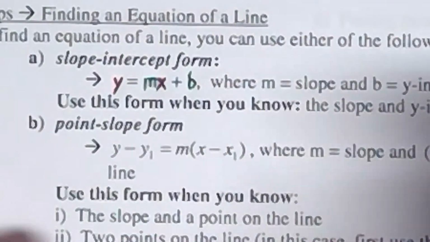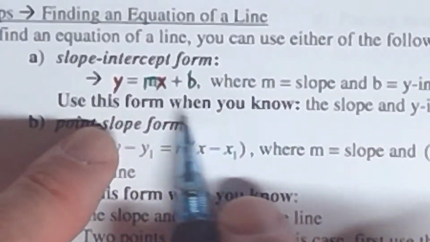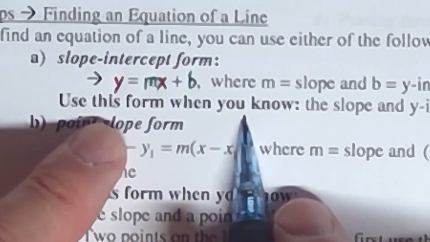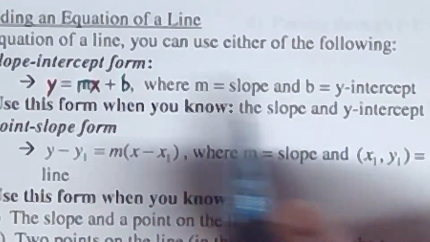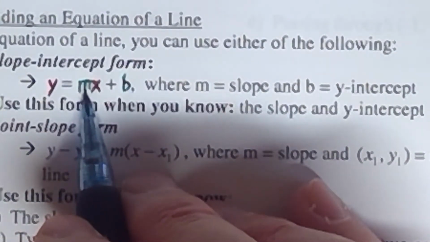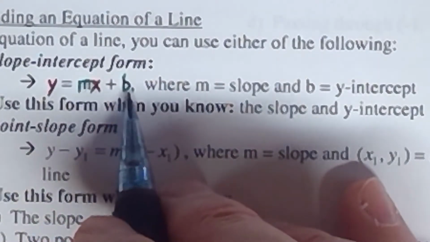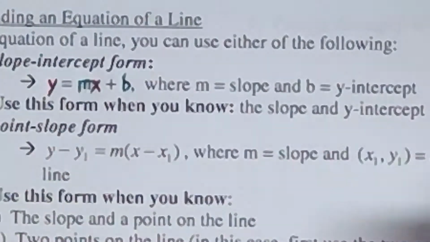So we'll do that. And it says here that you use this form when you know the slope and the y-intercept. Because if you know the slope and the y-intercept, then you just put the slope right here, and you put the y-intercept right here, and then you're good to go. That's it.